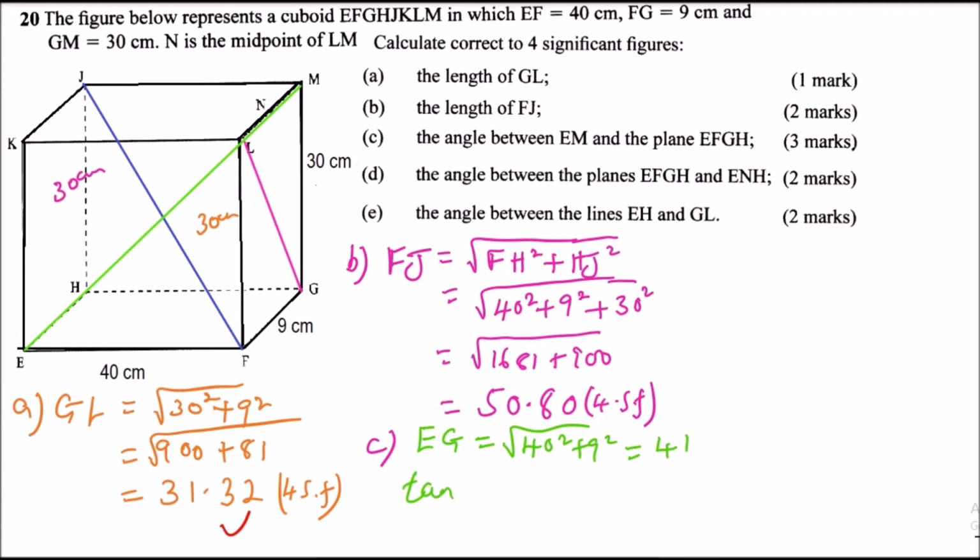We can call this theta 1. So if we draw this line, tan theta 1 is equal to opposite, which is 30, the GM, divided by the adjacent, the base, EG.